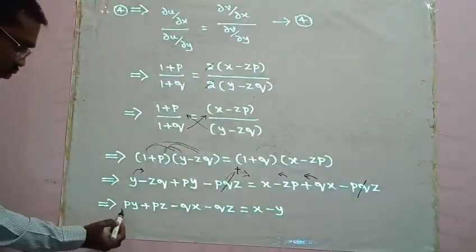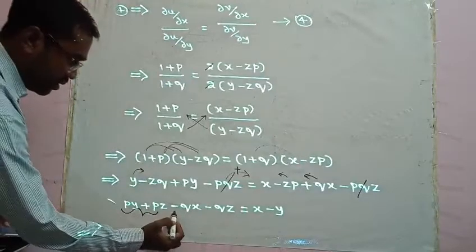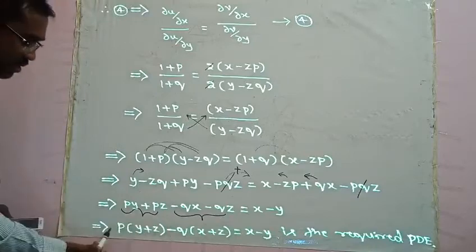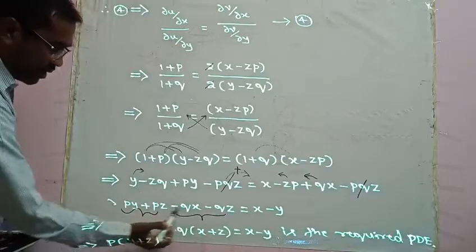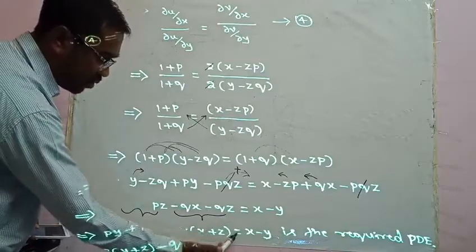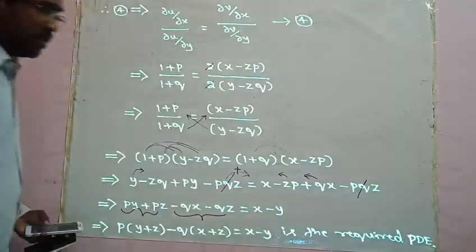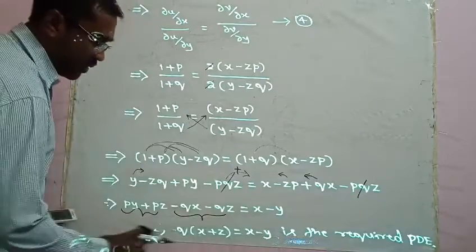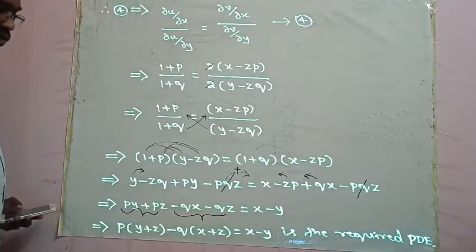So in these two, what is common? p is common. In these two, minus q is common. If you take it out, you get p(y − z) − q(x + z) = x − y, which is the required PDE. So this is the required PDE after eliminating our phi.